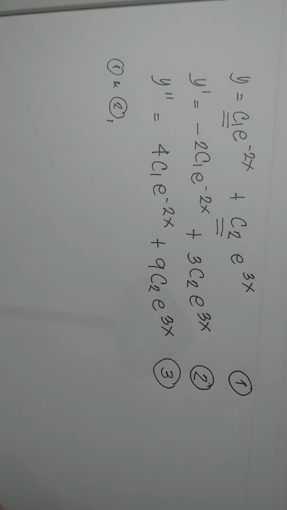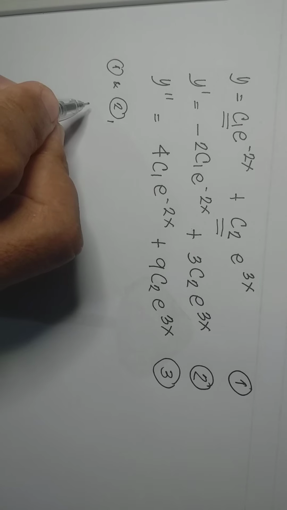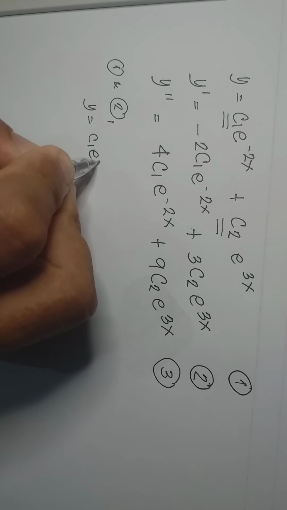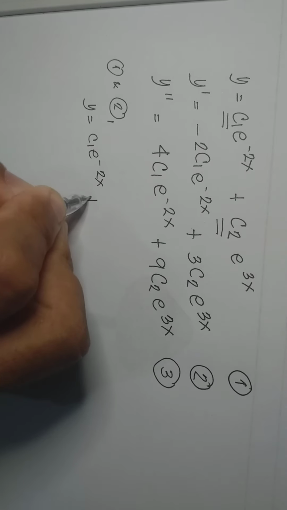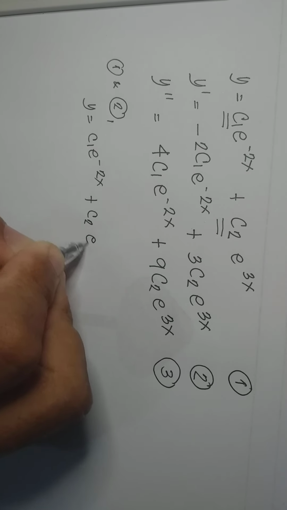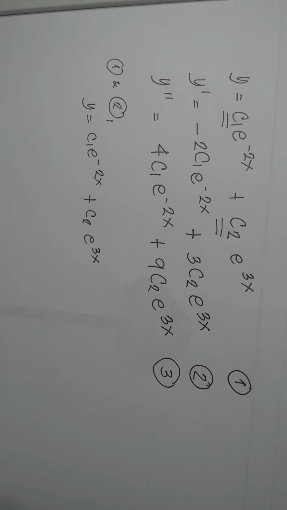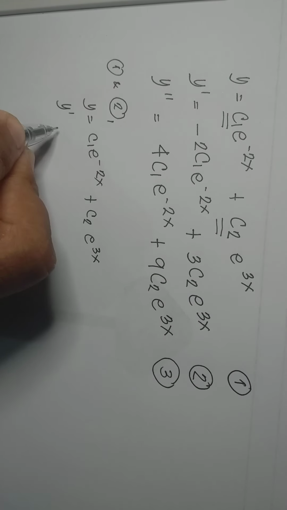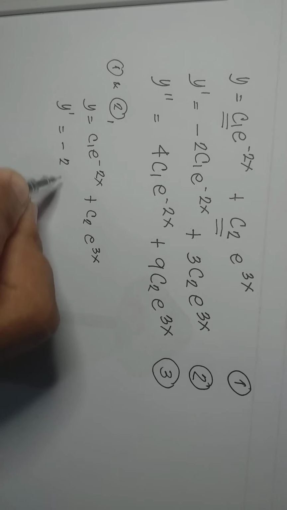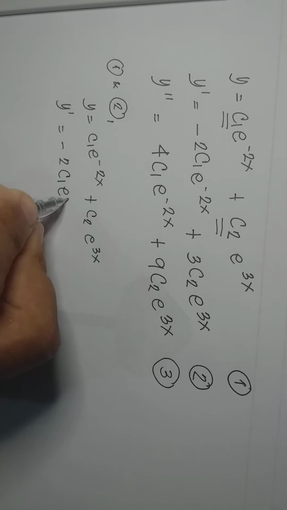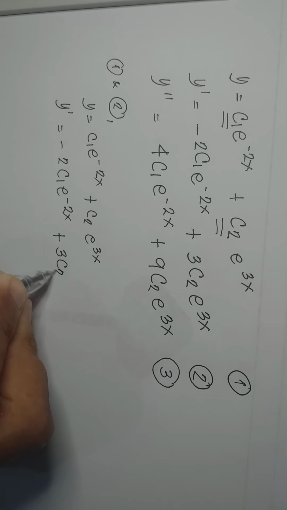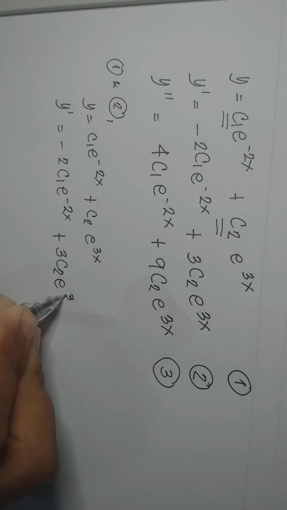So we have equation 1, y equal to c sub 1 e to the negative 2x plus c sub 2 e to the 3x. And equation number 2, y prime equal to negative 2 c sub 1 e to the negative 2x plus 3 c sub 2 e to the 3x.